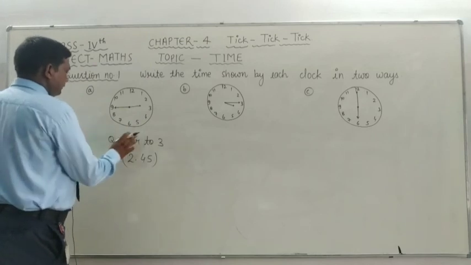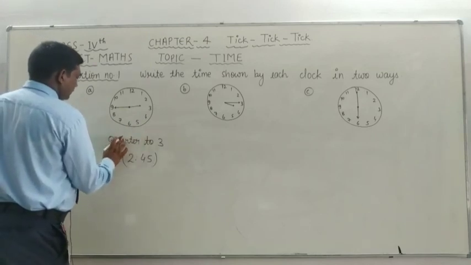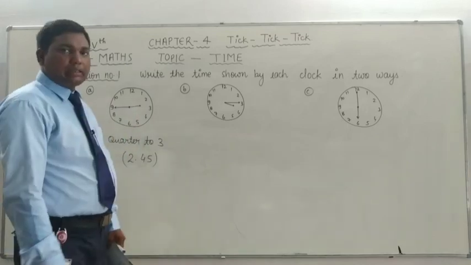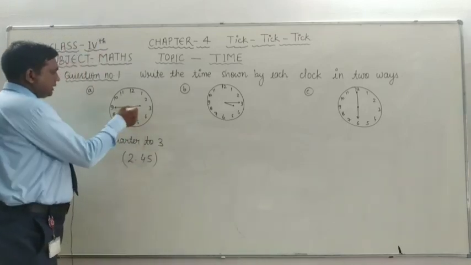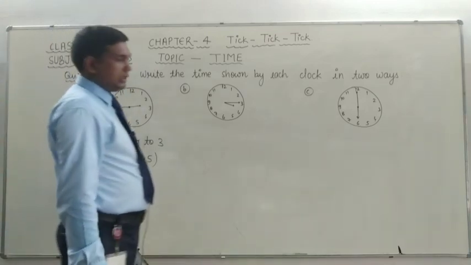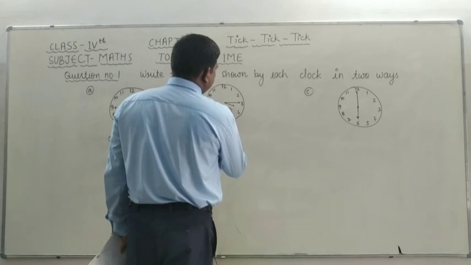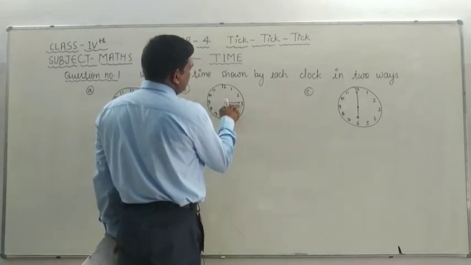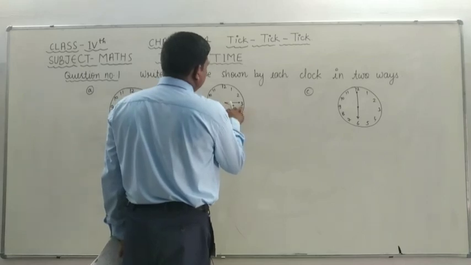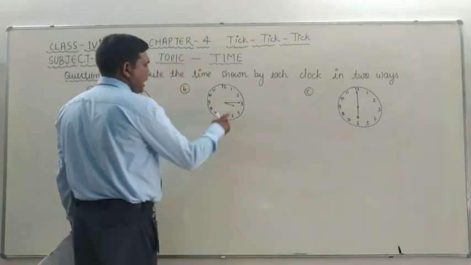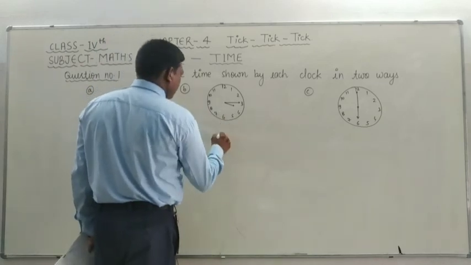In this figure, the time is quarter to 3. We can say that the time is 2:45. And in this figure, look carefully: the minute hand is exactly at 3 and the hour hand is exactly between 3 and 4. Therefore, the time is 3:15.